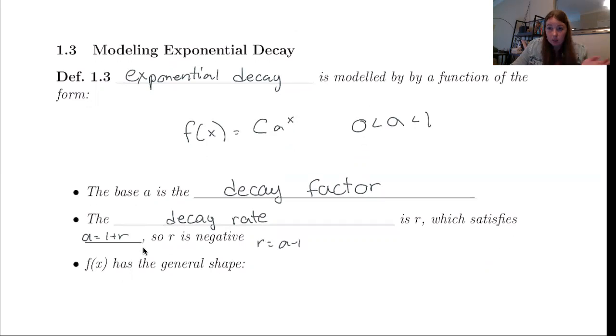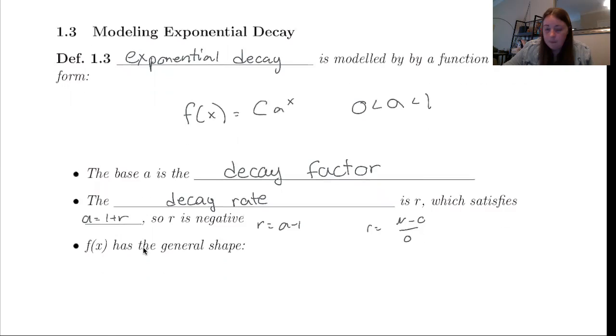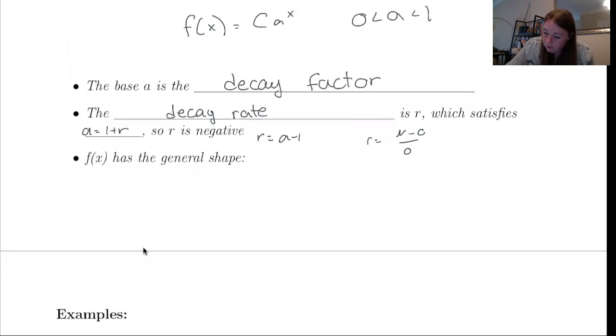So if A is less than 1, and then I'm subtracting 1 from it, it's going to be a negative number, which makes sense because R was like new minus old over old. My new is going to be smaller than my old. I'm decaying. So I'm subtracting a small number from a larger number, and that's how I'm going to get a negative out.